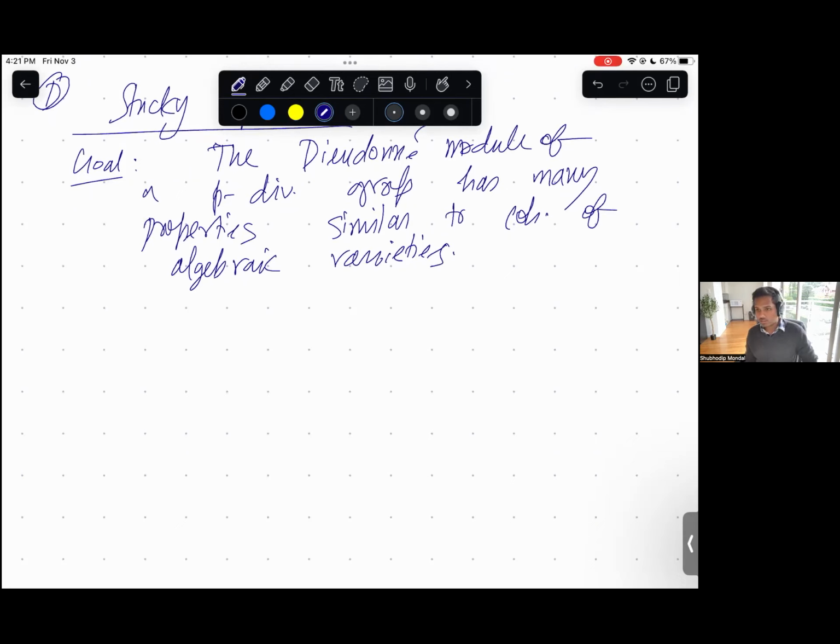I didn't get a chance to mention more along this line, so now I could say some of them very briefly. It also appears in the book of Berthelot, Breen, and Messing that the Dieudonne module of any p-divisible group can be equipped with a very specific filtration called the Hodge filtration.